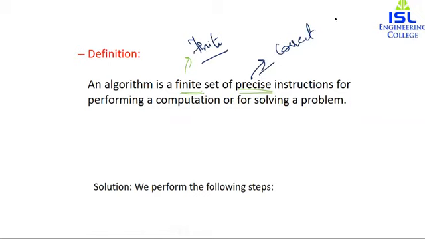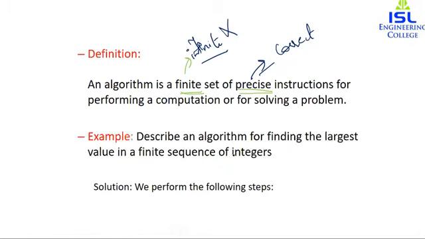We'll study the properties of algorithms in the next slide. But for now, an algorithm is finite. If it is infinite, then it is not an algorithm, because we need to have finite steps and then that should give some correct solution. Okay. Now we will see an example. Describe an algorithm for finding the largest value in a finite sequence of integers.